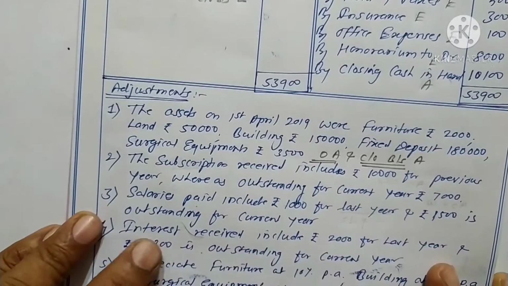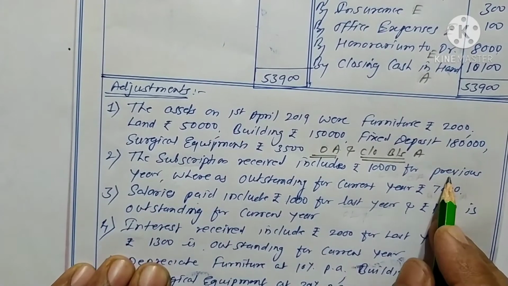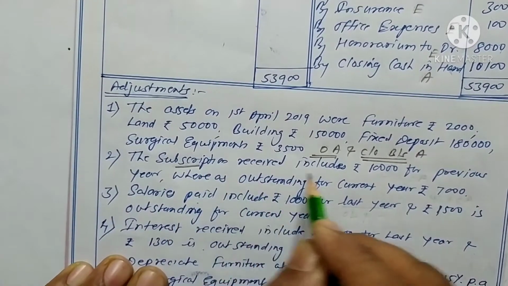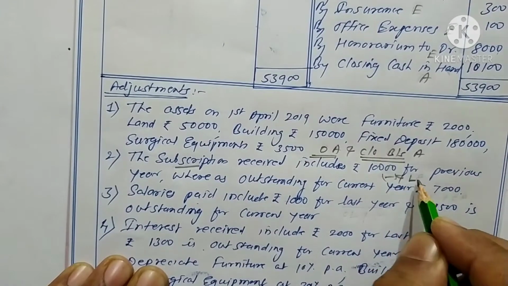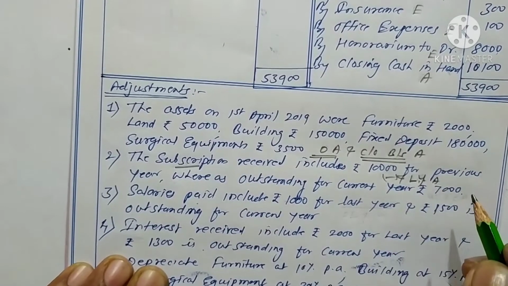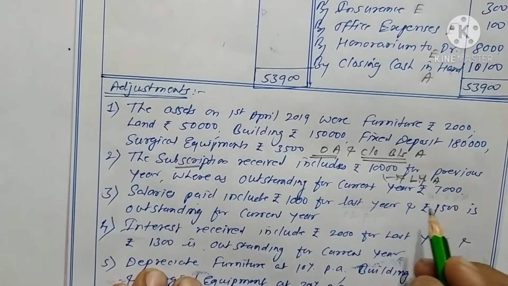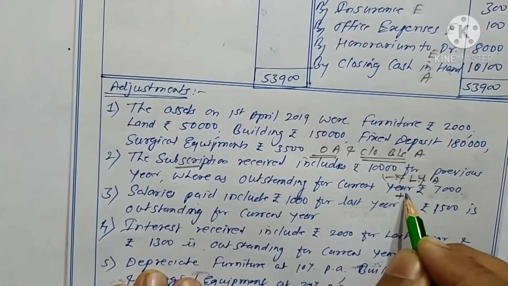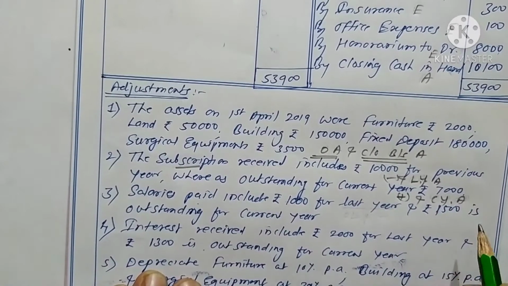Now subscription received includes 10,000 for the previous year. It is to be deducted from the subscription account, and second effect is paid last year, asset side. Whereas outstanding for the current year is rupees 7,000. It is to be added in subscriptions, and the second effect is current year, asset side.